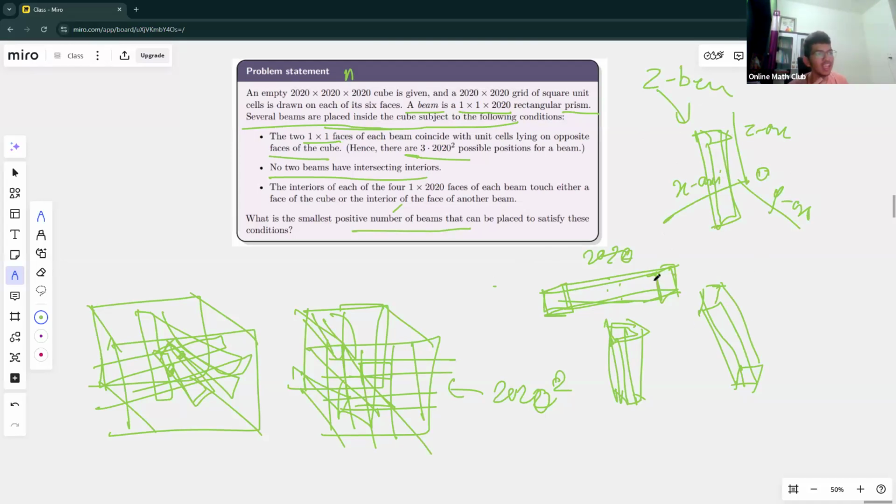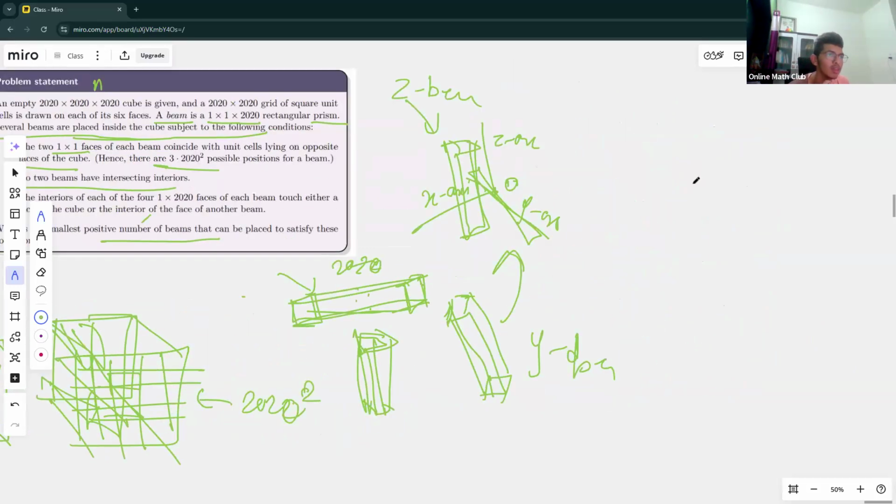Then this beam, suppose facing this direction, is along the y direction. We call it the y beam, and we call this the x beam. This is actually very bad, I should draw a nice line.